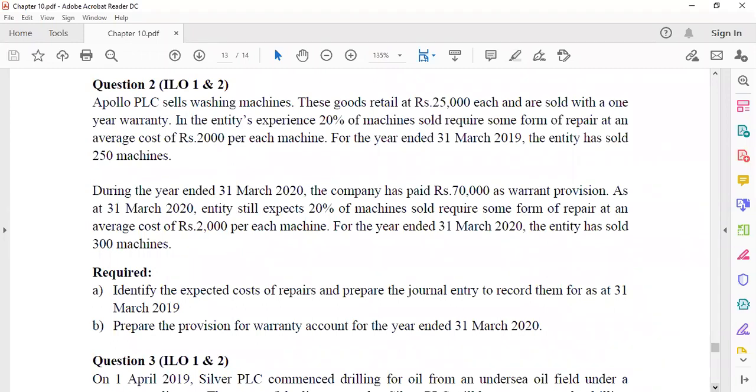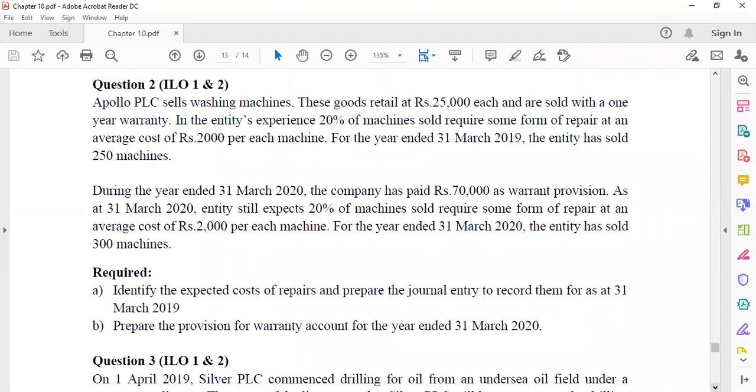For the year ended 31st March 2019, the entity has sold 250 machines. During the year ended 31st March 2020, the company has paid rupees 70,000 as warranty cost.